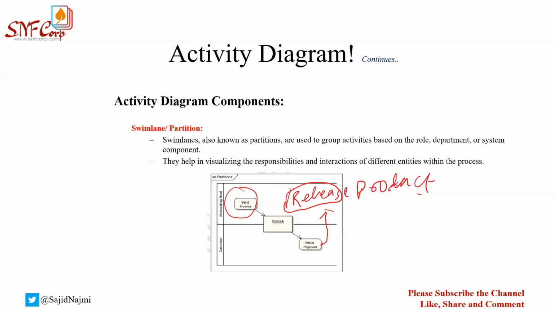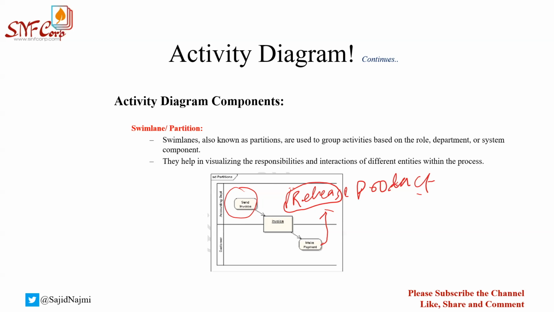So what will happen? You will have to see the flow as well, and you have to see the actions. So the first flow says send invoice. See the arrow, see the flow, how is it going? The next is we're sending the invoice, one of the objects. Now it takes me to the customer section that says make payment. Once the customer is making payment, again the arrow takes me to the account department that says release the product. So once the payment is done, the account department will release the products.